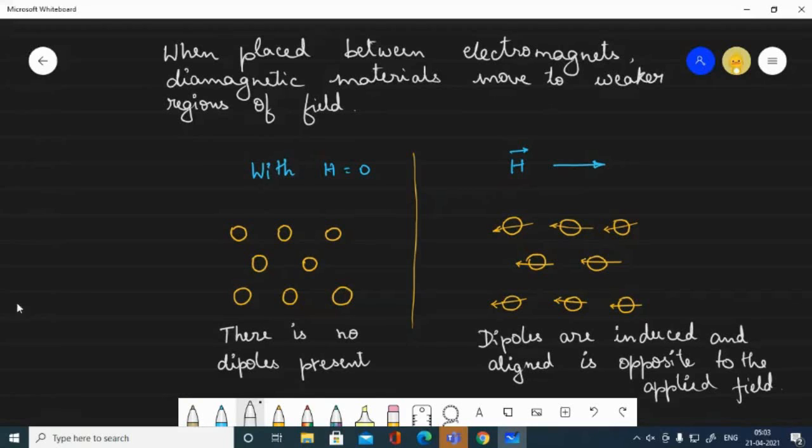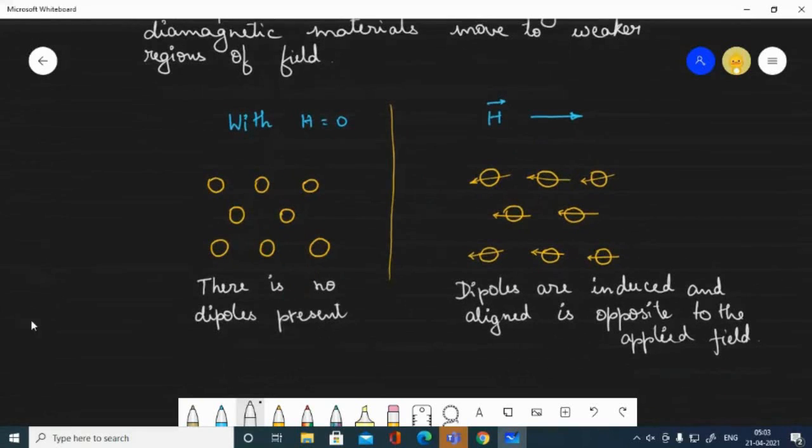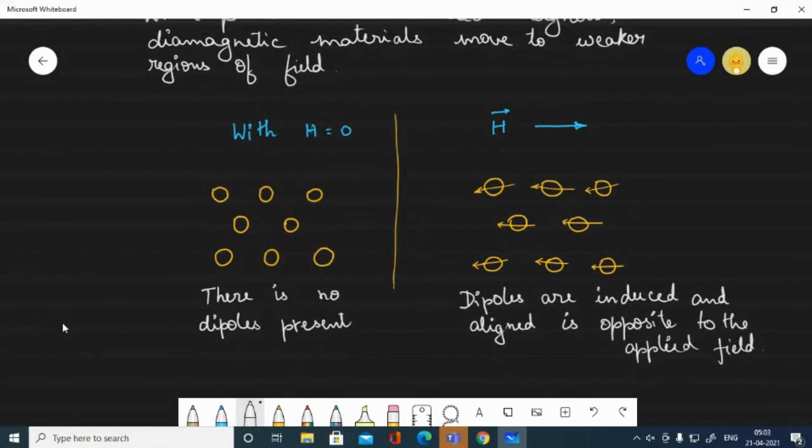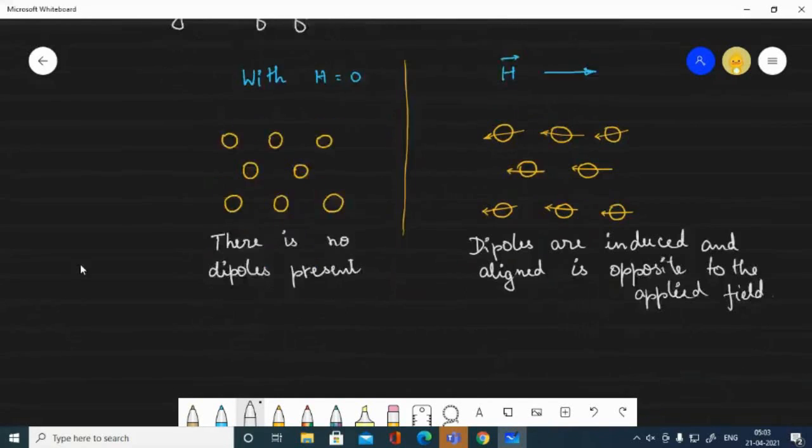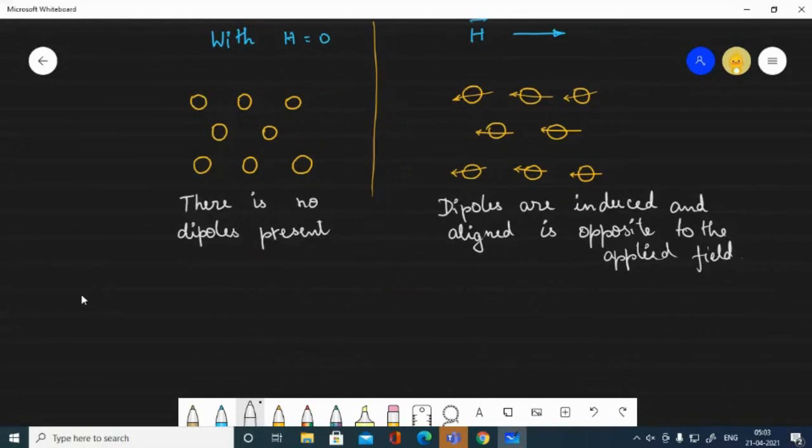Since it is a weak form of magnetism, it is of no practical importance, but it is intrinsic to the diamagnetic material. That is, because of the electronic arrangement, the diamagnetic property is intrinsic to the material.